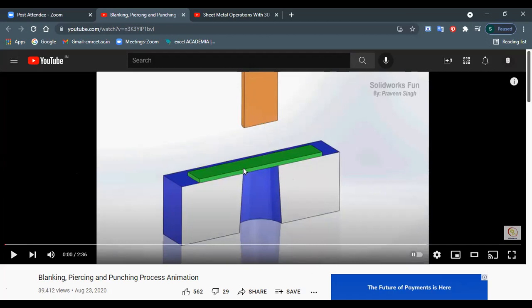The punch tries to shear off this workpiece at the interface, the part where the die is actually having the absence of material. You have a profile cut in the die, and the punch moves down. The punch also has the same profile, just that there is some difference between the dimensions. This punch is kept a little smaller. The dimensions are less than the die.